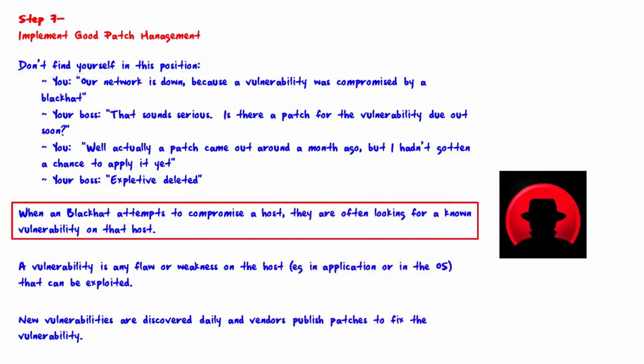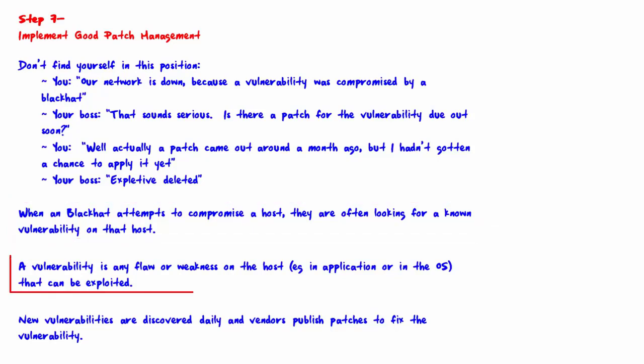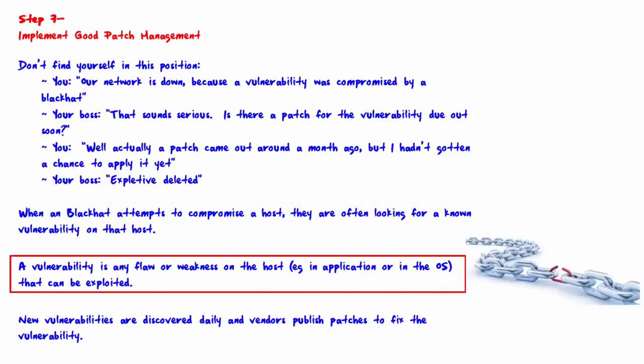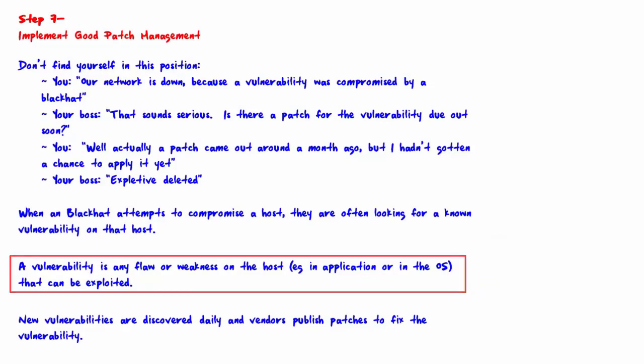When a black hat attempts to compromise a host, they are often looking for a known vulnerability on that host. A vulnerability is any flaw or weakness on the host, for example in an application or on the operating system, that can be exploited.